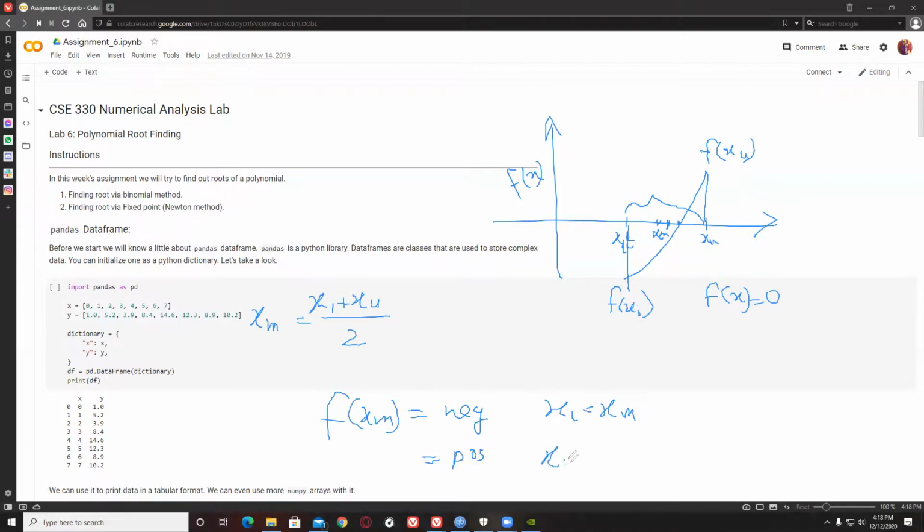So xu will become xm. And we do this process again and again until the xm is as close to the root as possible. And that is how we find the root using the bisection method.